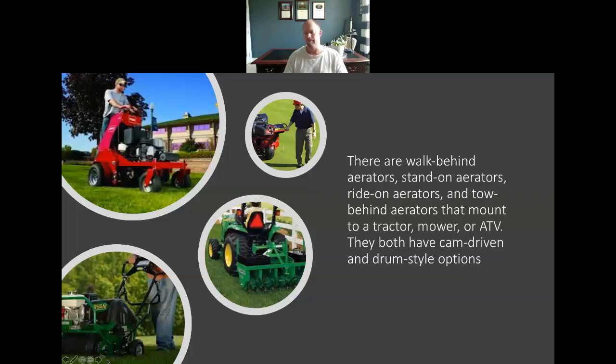The cam-driven units use a hydraulic or mechanical system to force the tines in and out of the ground. The drum style rolls along just like a tire or a wheel, and just uses the gravitational pull, the weight of the unit itself, to push the tines down to the ground.